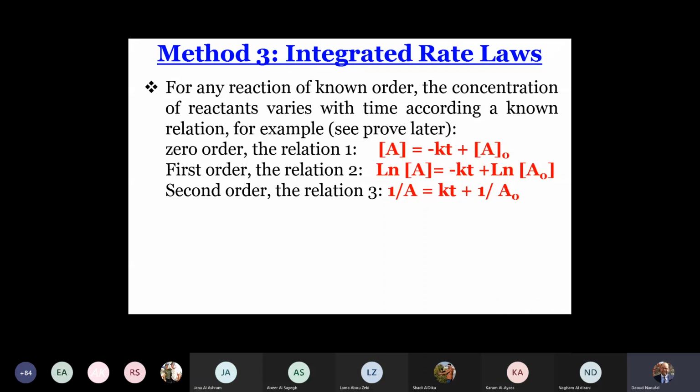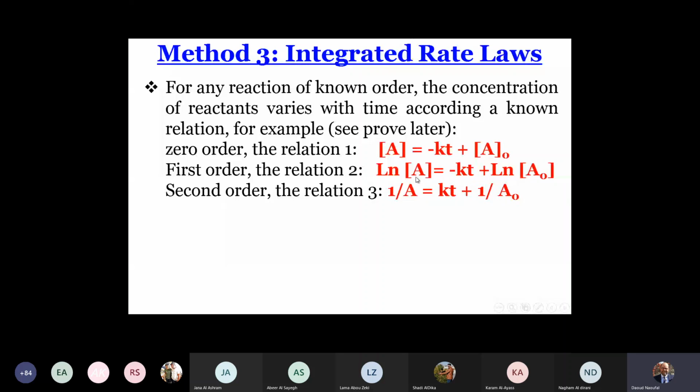If not, transform the column A as a function of t to ln A as a function of t. Add a column ln A and draw ln A as a function of the time t. This is the equation of a straight line, y equals ax plus b.